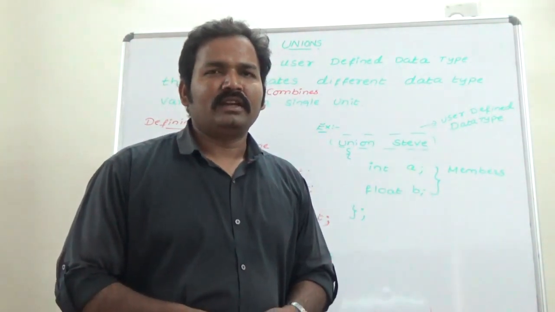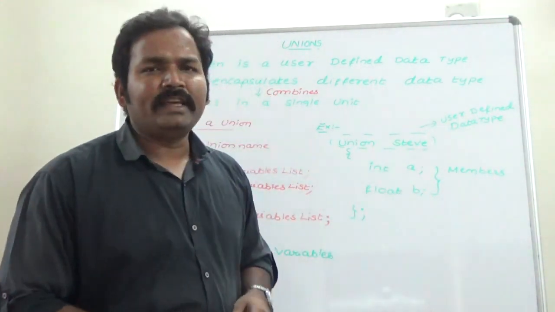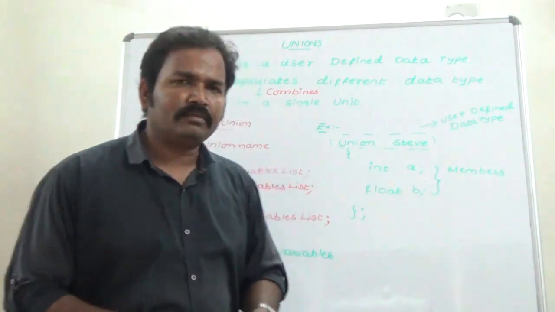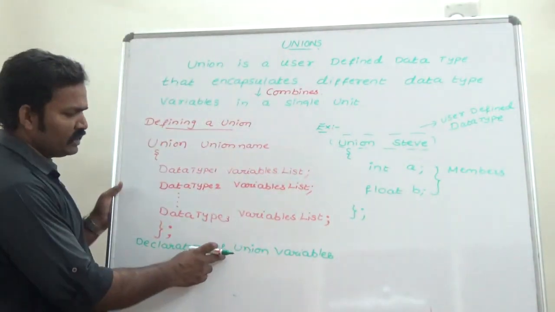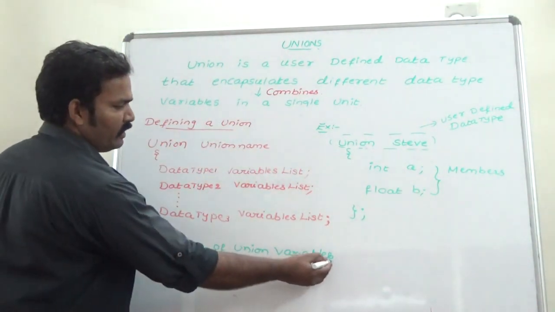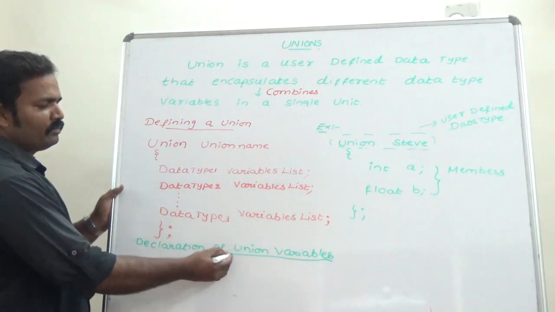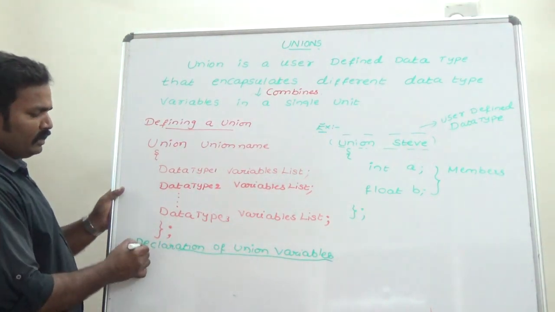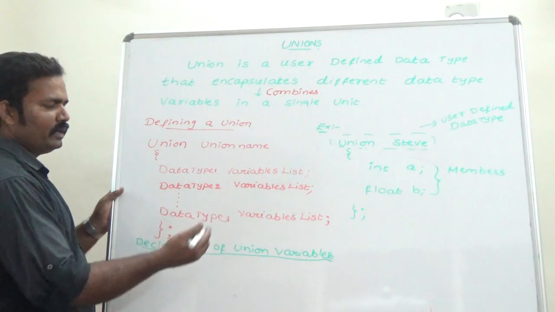Clear? So how to create a variable of union steel type? By using this particular syntax, you can declare a variable of union type. Okay, declaration of union variable.